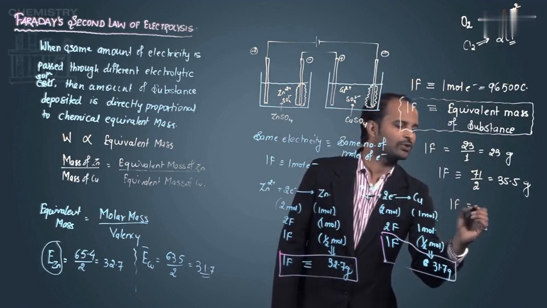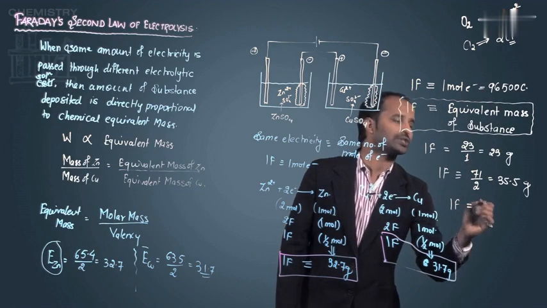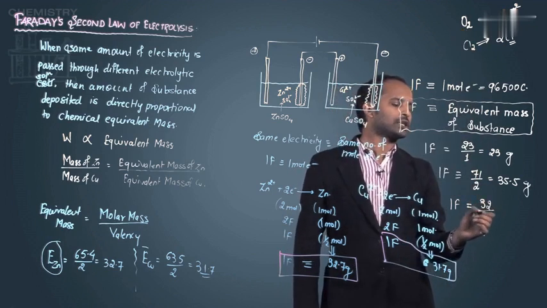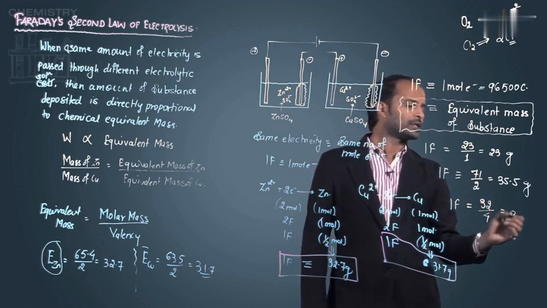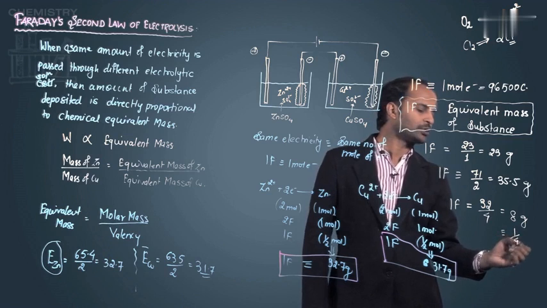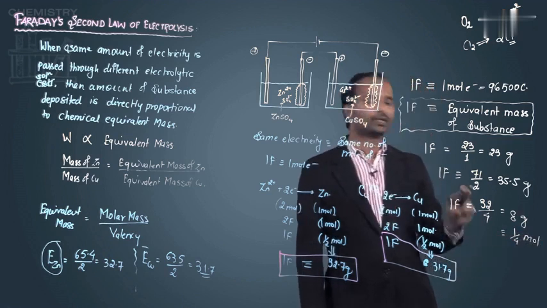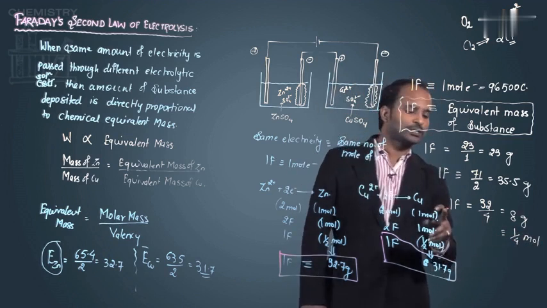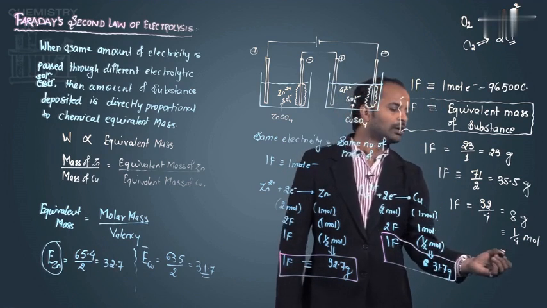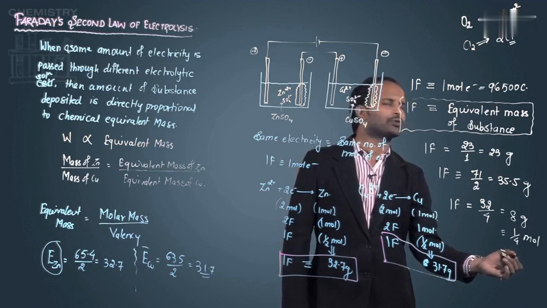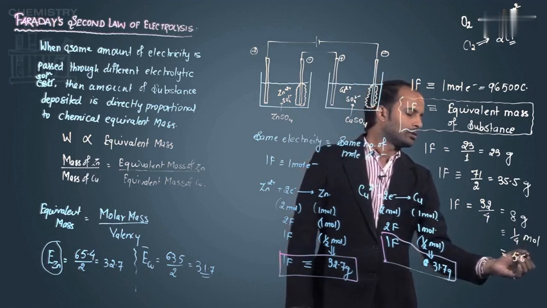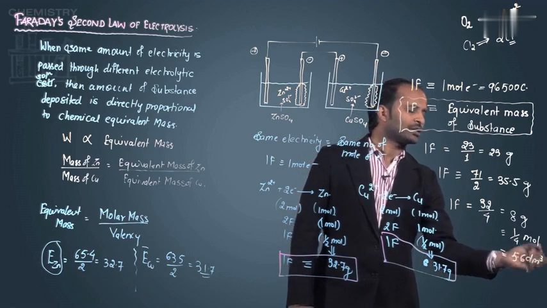So 1 Faraday corresponds to the molecular mass of O2, that is 16 plus 16, which is 32, with 4 charge, so the valency is 4, and it is equivalent to 8 gram, which is 1 by 4 moles, because 1 mole of oxygen is equal to 32 grams. So if I am passing 1 Faraday of electricity, 1 by 4 moles of oxygen will form. That means 22.4 divided by 4, that is 5.6 dm cube of oxygen gas will deposit.